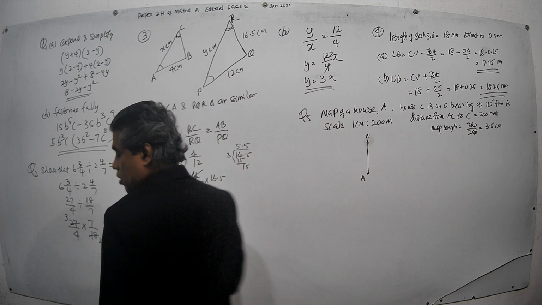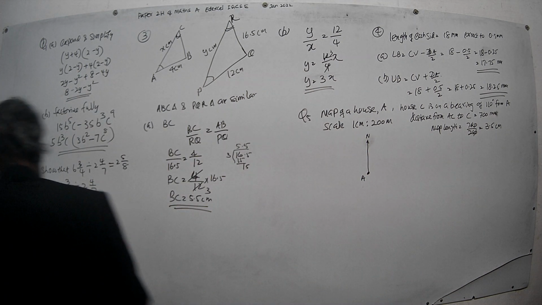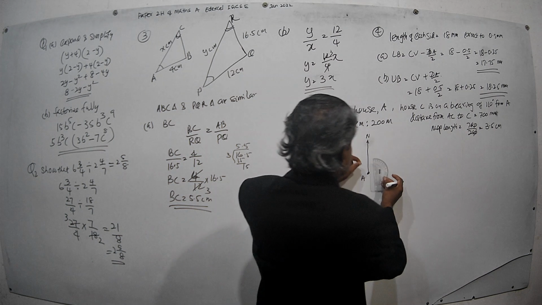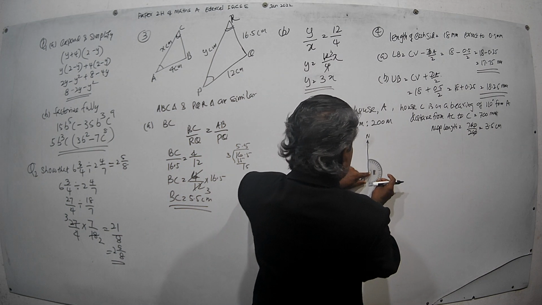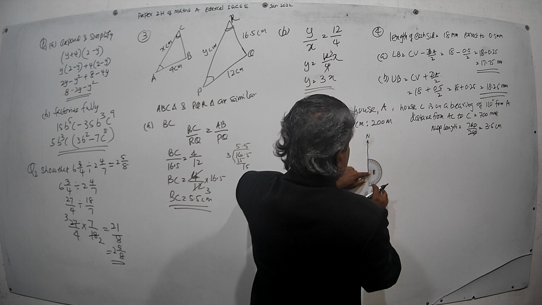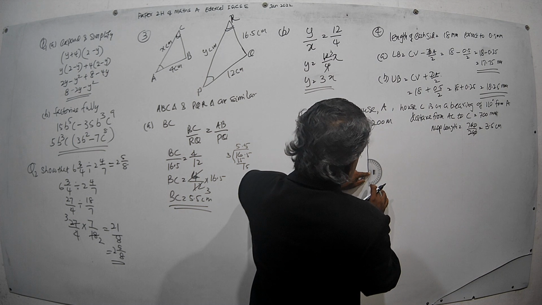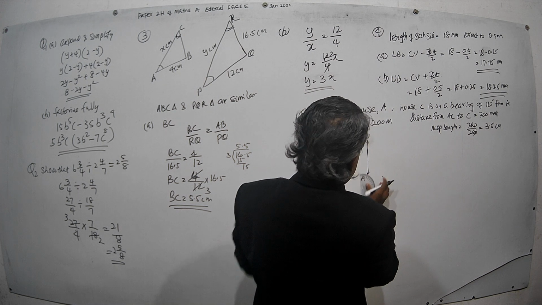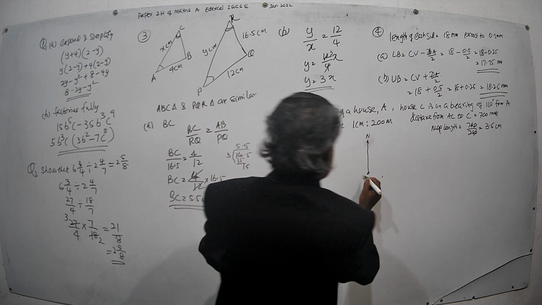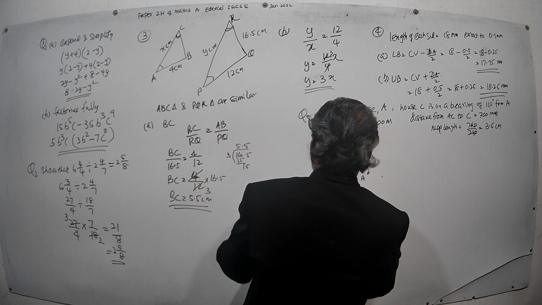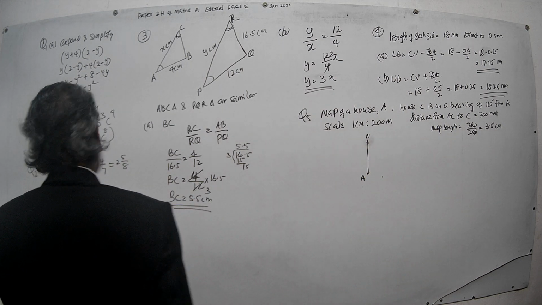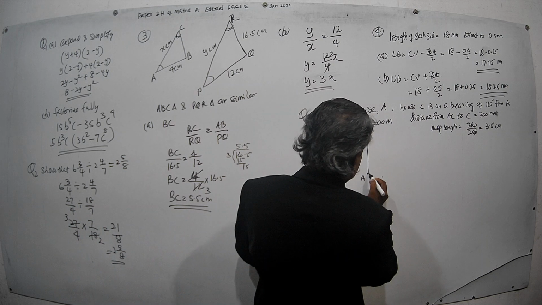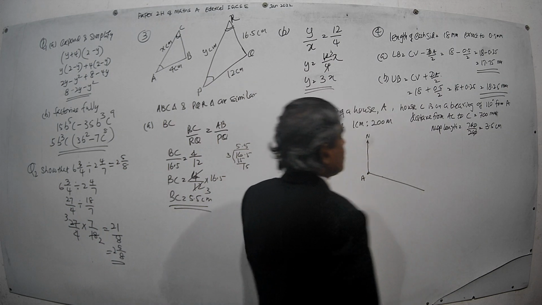You keep the protractor like this, take 110 degrees, and draw the line like this.